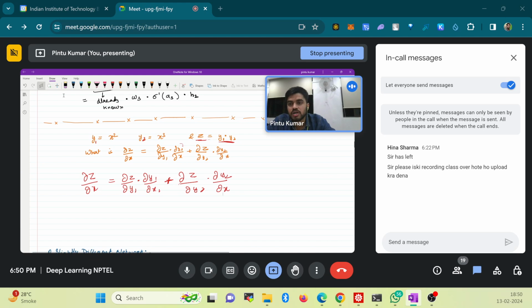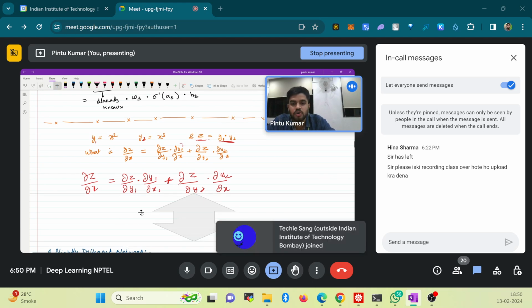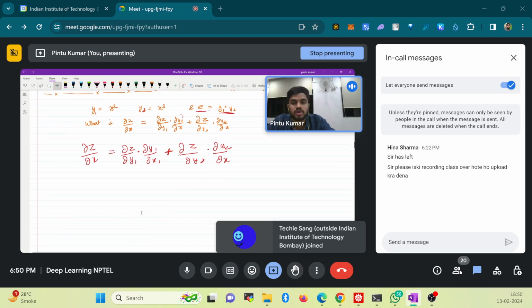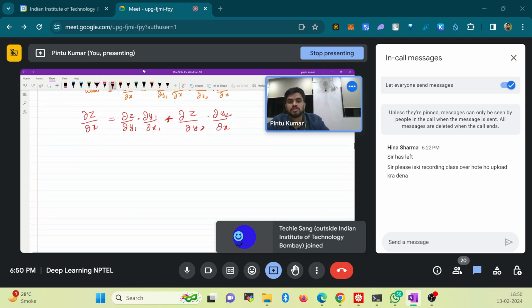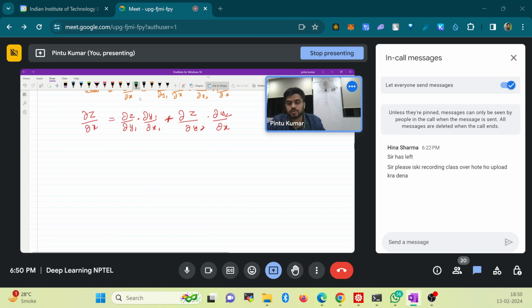If you draw the computation graph of this kind of a problem, how would this look like? I'll just try to draw a computation graph for this. So this is your x, there is a y1, there is a y2.